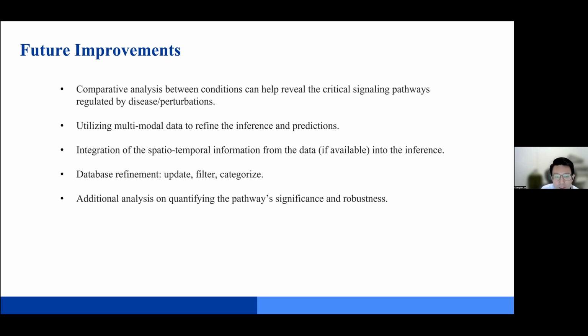And also, since there is more and more spatial transcriptomics data right now, if we can integrate the spatial information, and maybe in the future, if we have multiple time points, that means if we can integrate the spatial-temporal information from the data, then it will be very helpful to identify cell-cell communication.